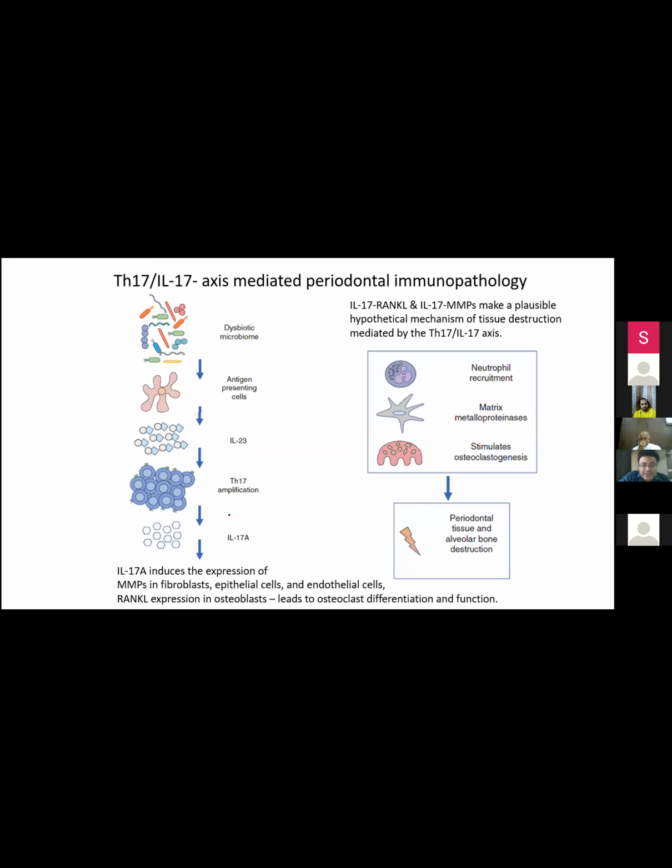It is this axis, Th17, interleukin 17, that causes an increased number of matrix metalloproteinases as well as RANK ligands, which further cause destruction of soft tissues as well as hard tissues. So interleukin 17 RANKL interaction, interleukin 17 matrix metalloproteinase interaction. This interaction causes recruitment of multiple cells and tissue destruction. Okay, so this is how adaptive immunity is causing all the destruction.